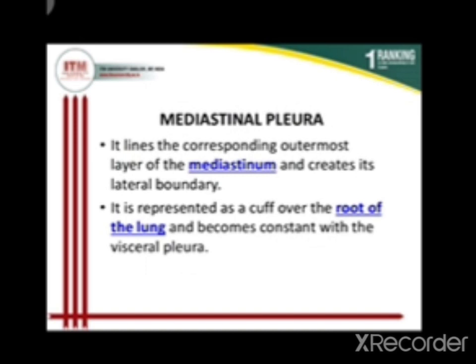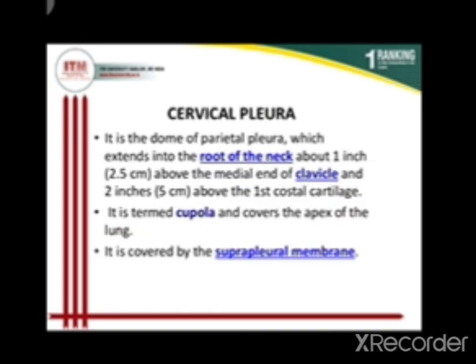Fine. Now, as you can see, there is the cervical pleura. So, it is this dome of parietal pleura which extends into the root of the neck about 1 inch, that is 2.5 centimeter above the medial end of the clavicle and 2 inches above the first costal cartilage.